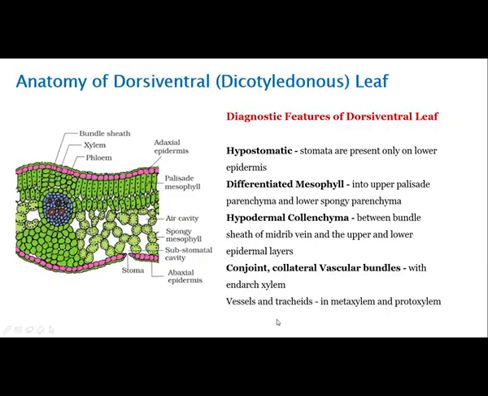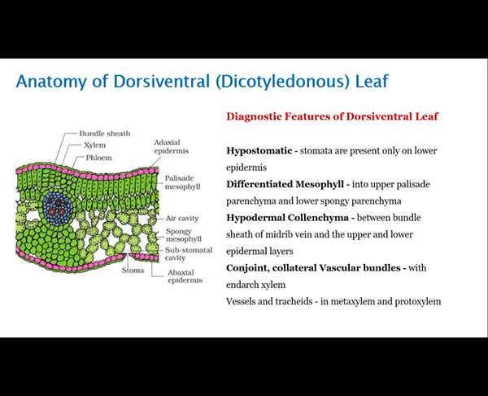So now coming to the anatomy of a dorsiventral leaf. A dorsiventral leaf is one in which the two surfaces of the leaf are of different colors. The dicot leaves, as you know, are called the dorsiventral leaves. Both the upper and the lower surfaces contain the epidermis.